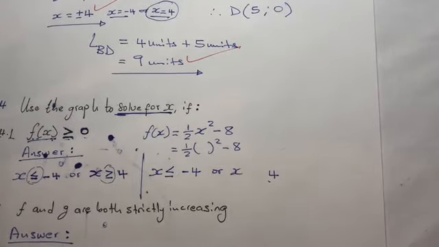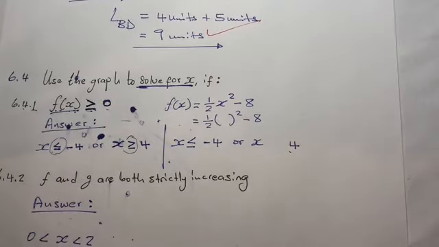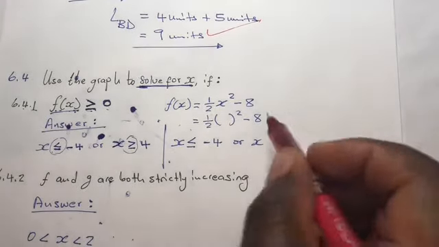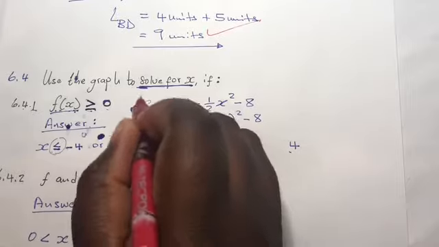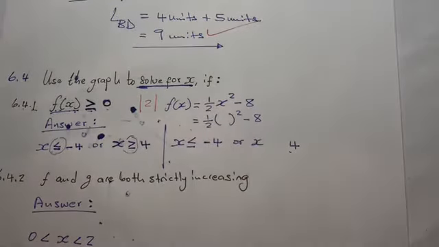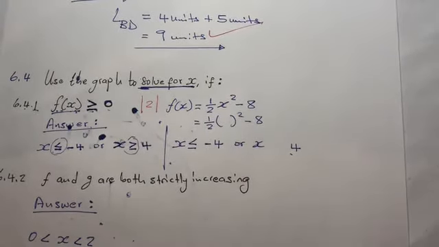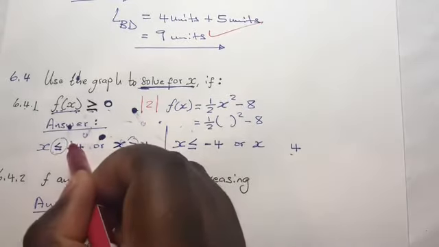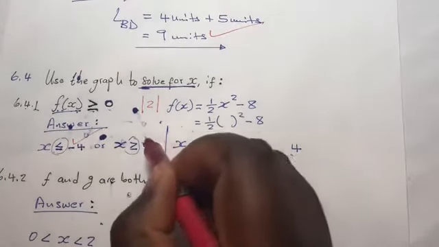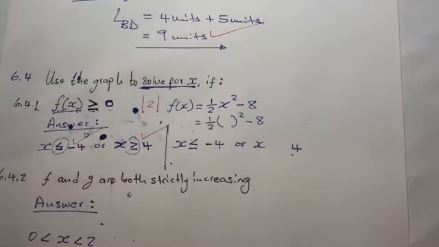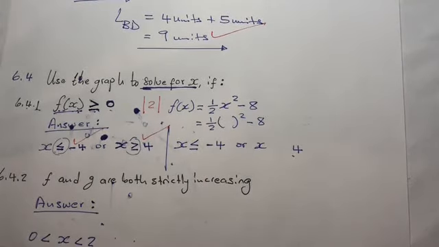So when coming to marking this question, remember it's given 2 marks. So we give you 1 mark for that answer, and again we give you 1 mark for that answer.